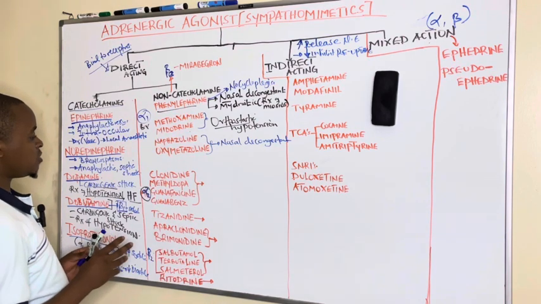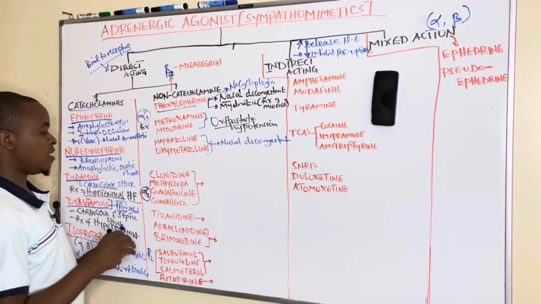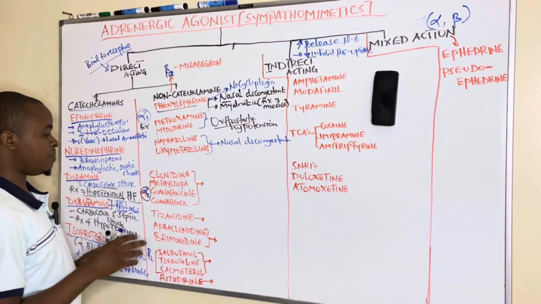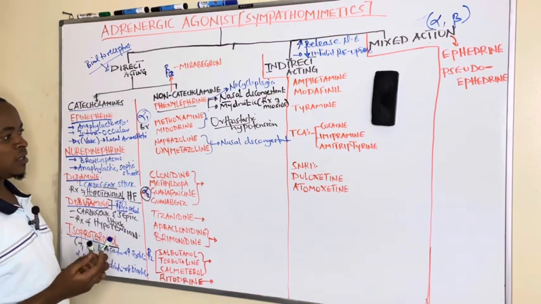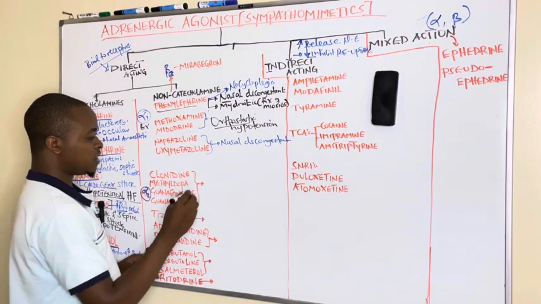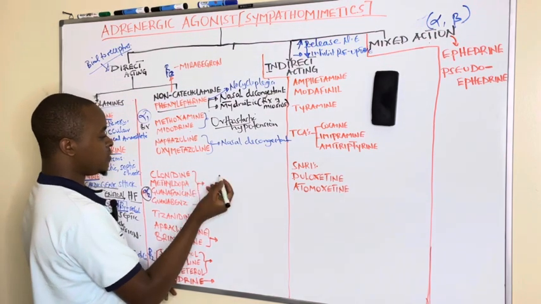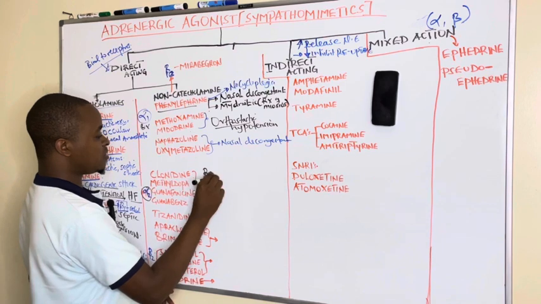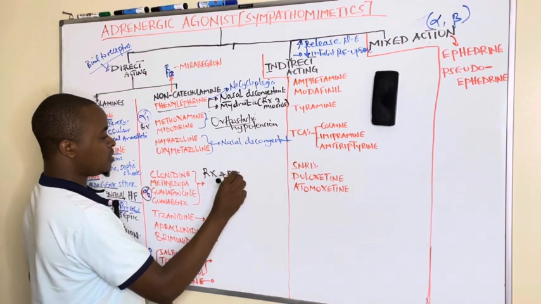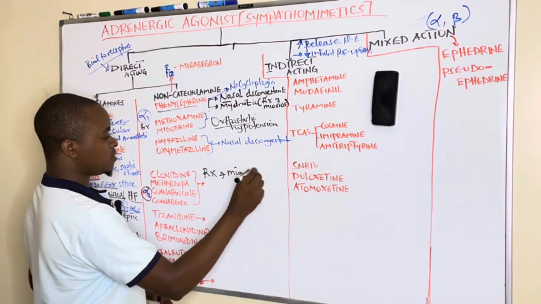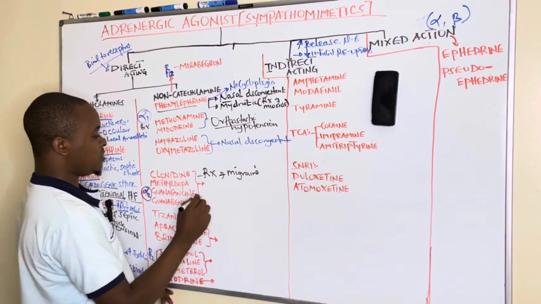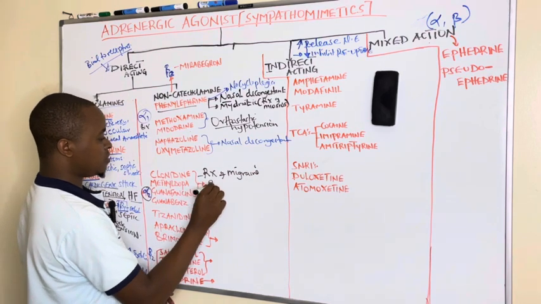For example, clonidine, methyldopa, guanfacine, and guanabenz. These ones can be used in treatment of recurrent migraine, constant headache. You can use them in treatment of hypertension.